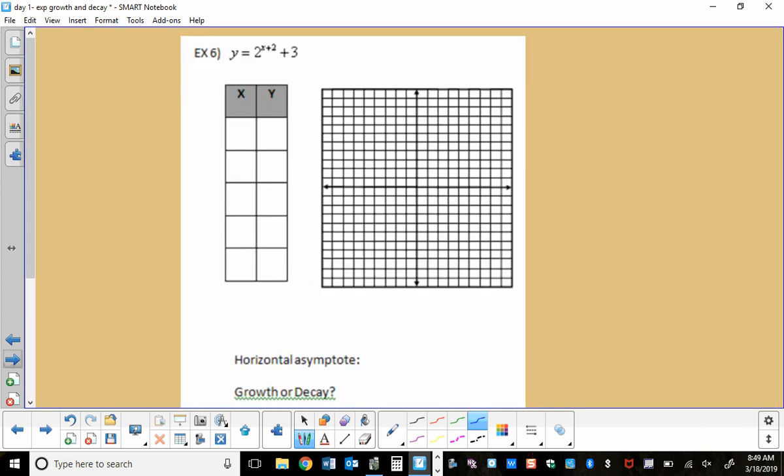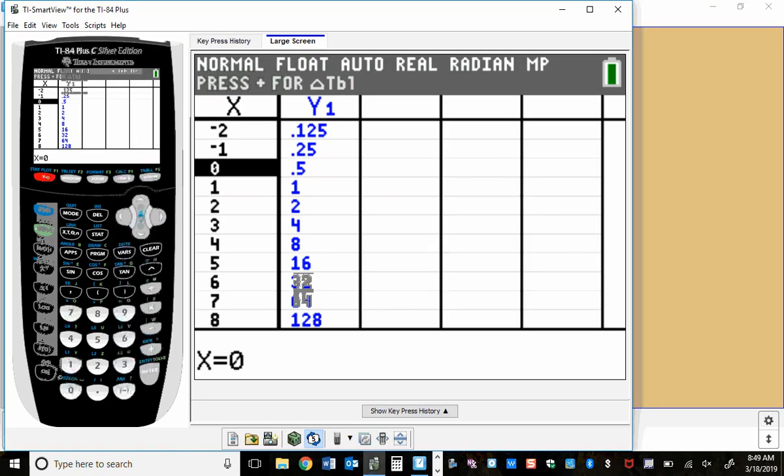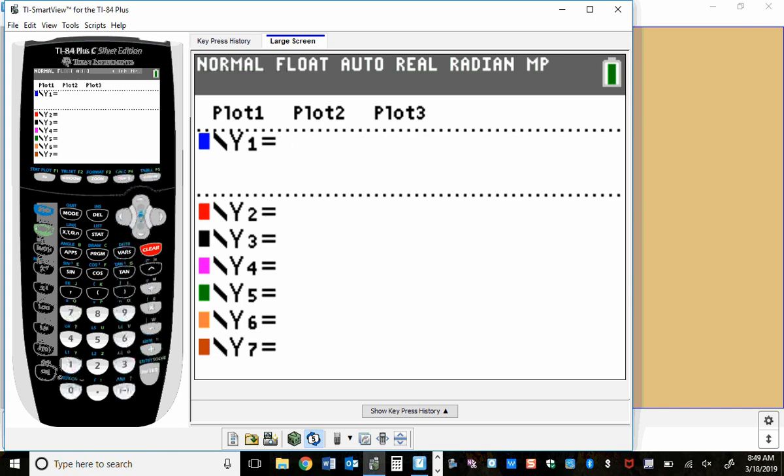All right, look at number 6. Let's go ahead and type this in. Look at your y equals, clear it out. I have 2 to the power, I'm going to put in parentheses x plus 2.